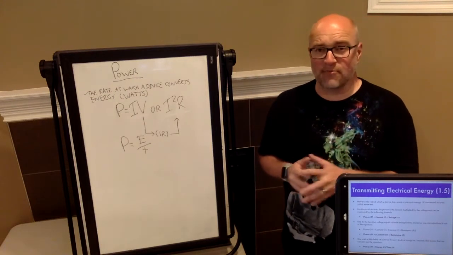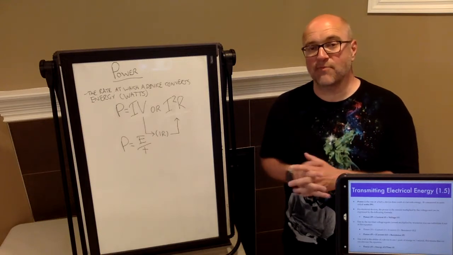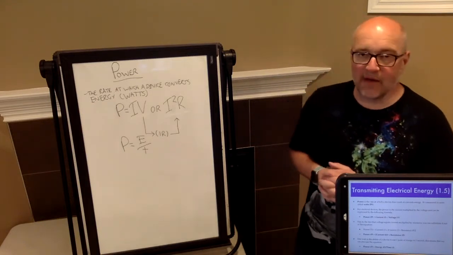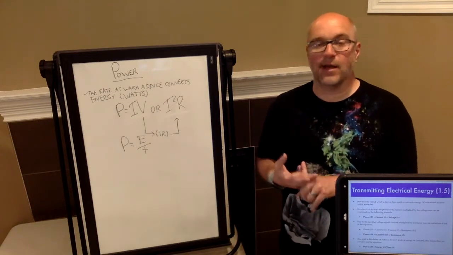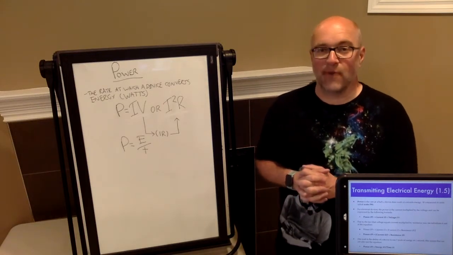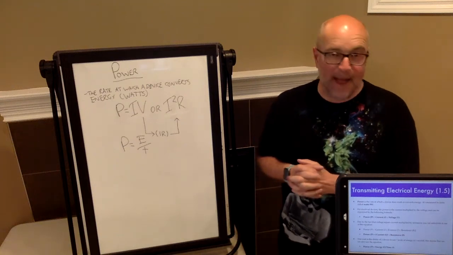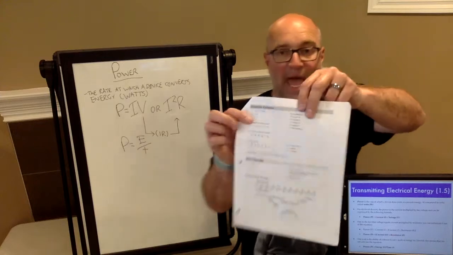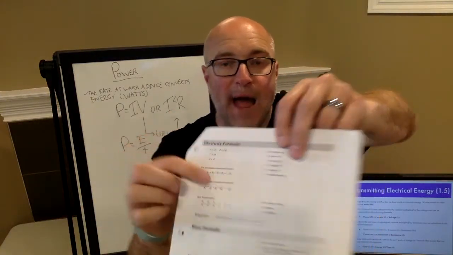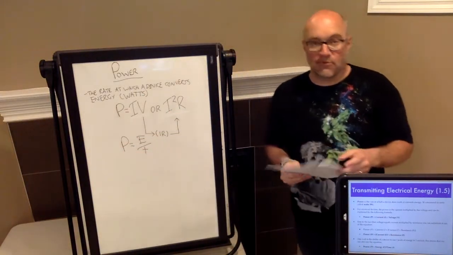As I mentioned, power is measured in watts, which is another unit that's named after a famous electrical scientist, like volts, like ohms, like coulombs. This has been a kind of running theme throughout the unit. And power has three equations, two of which are provided in the data booklet right here. You've got power equals current times voltage.